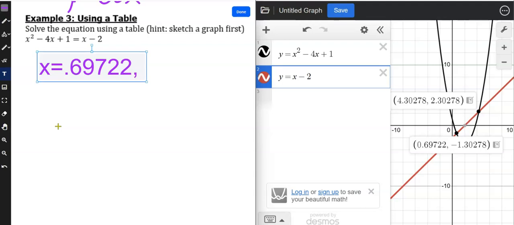We don't need to say x equals again, because hopefully you already know 30278. We can see the two x values where the parabola and the line come together.